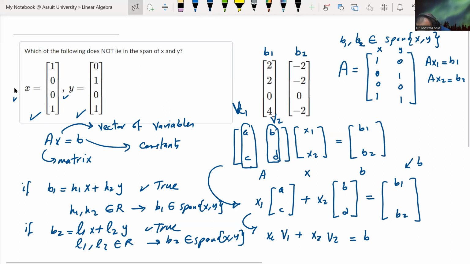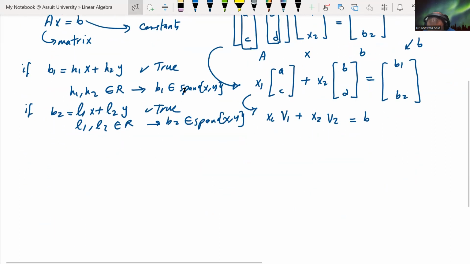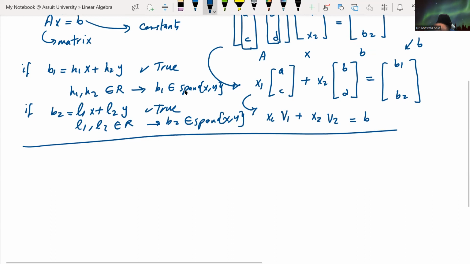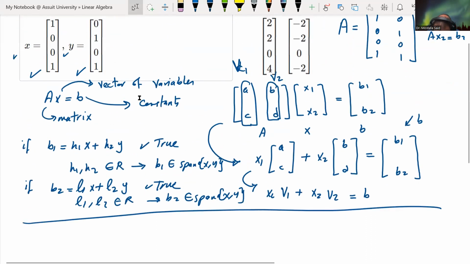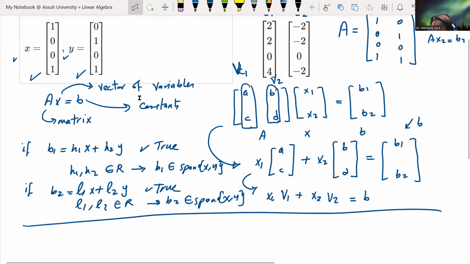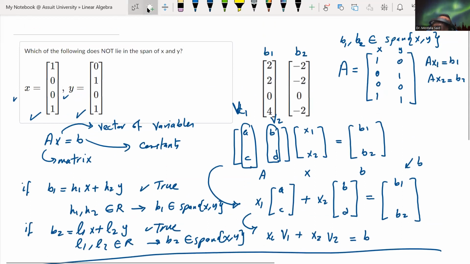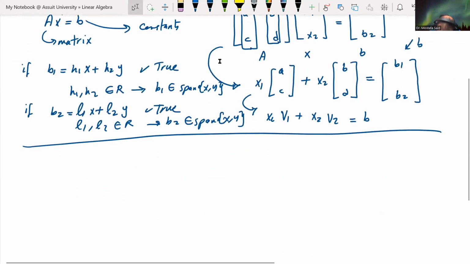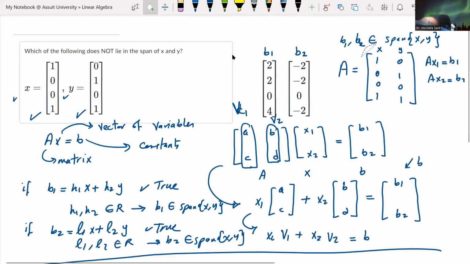So let's start with b1. I'm going to write the matrix A here again. I think we can copy and paste. That's fine. So 1, 0, 0, 1.